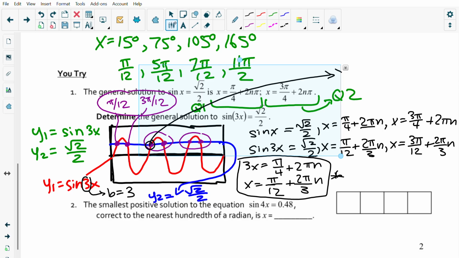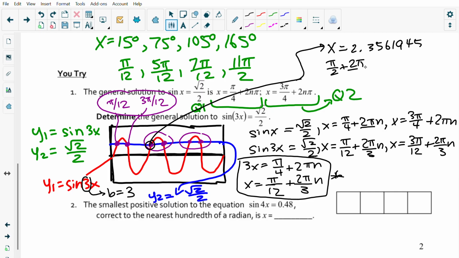So this one is x equals 2.3561945. What if I take pi over 12 plus 2 pi over 3 and the n value is 1?